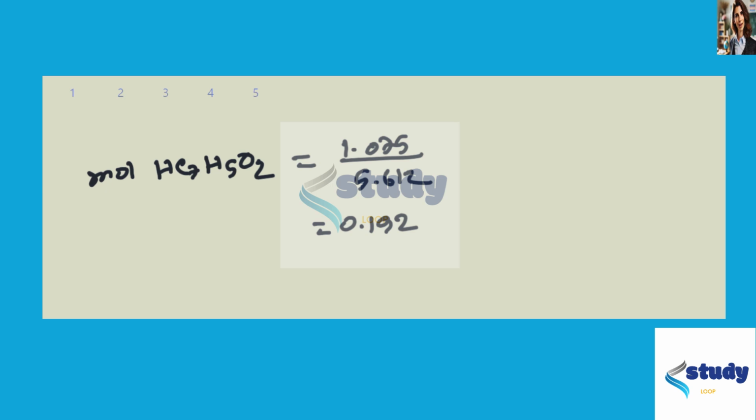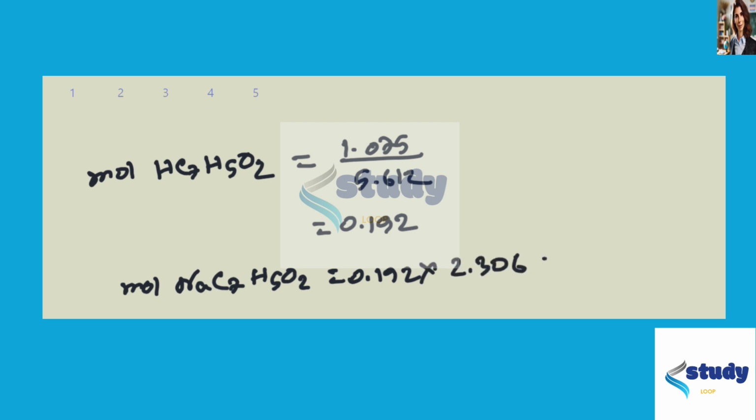So this is the mole of the benzoic acid, and then here we can find the mole of sodium benzoate by multiplying this with the mole ratio, the ratio of the concentration of base and acid. It will be 0.192 times the ratio, which is 2.306. It will give us a value of 0.44. So this is the mole of sodium benzoate.